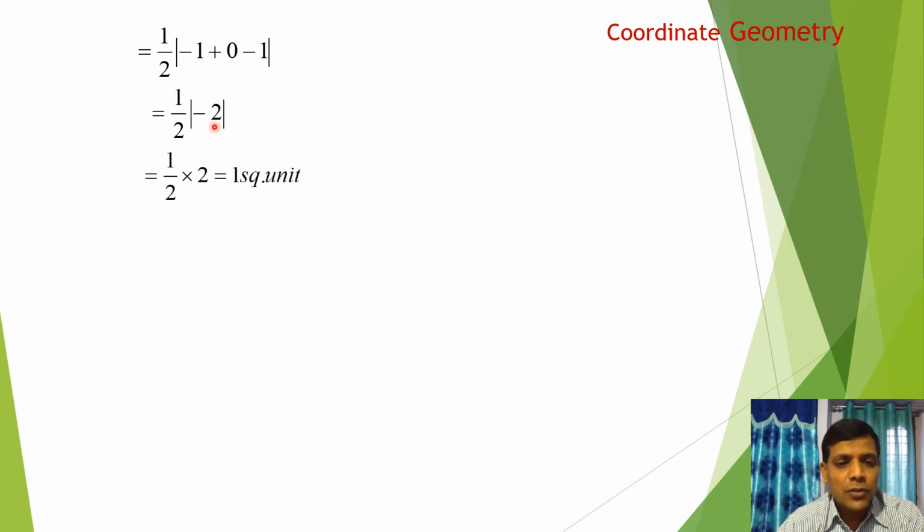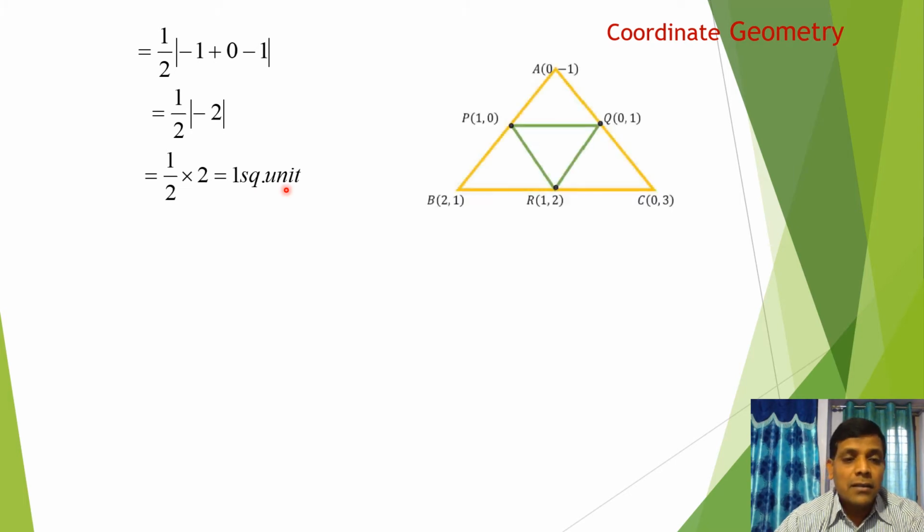Half into 2, so the 2s cancel. What is the remaining value? 1. This is the area of triangle PQR. Area of triangle ABC is equal to 4 square units, but the area of triangle PQR is equal to 1 square unit. Now what do you observe?